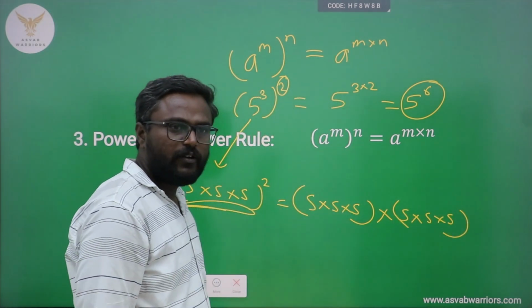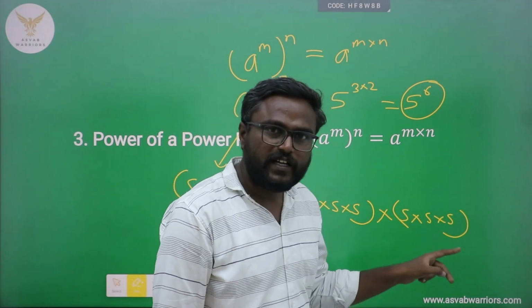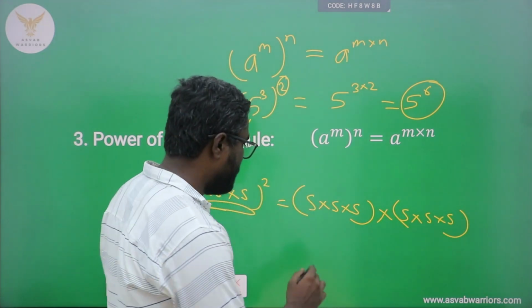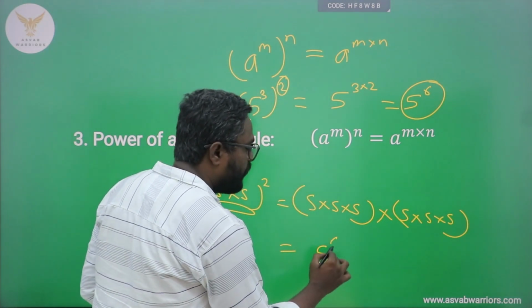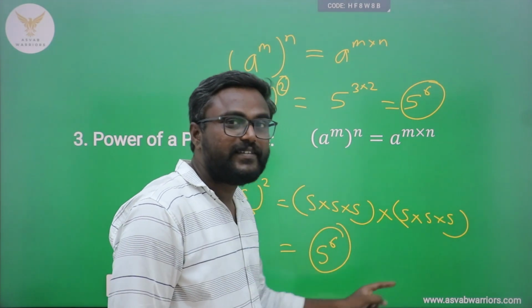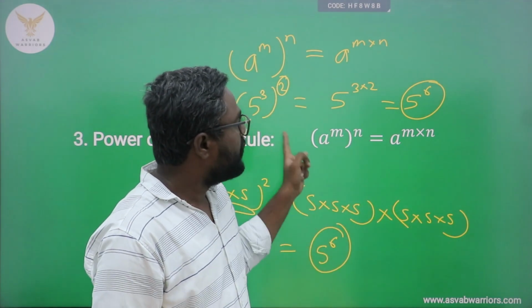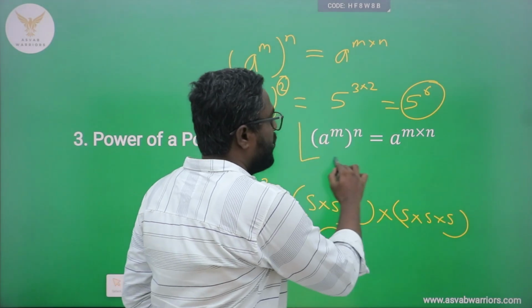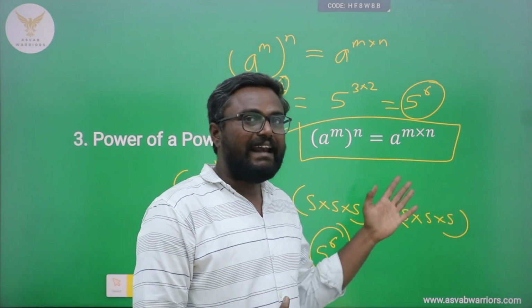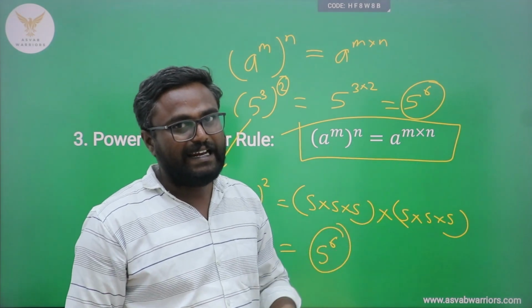Now if you observe carefully, if 5 is multiplied with itself 6 times, what does that give us? It gives us 5 to the power 6. So instead of doing all these calculations, you can just write this rule down, learn it, and you can just apply it directly.